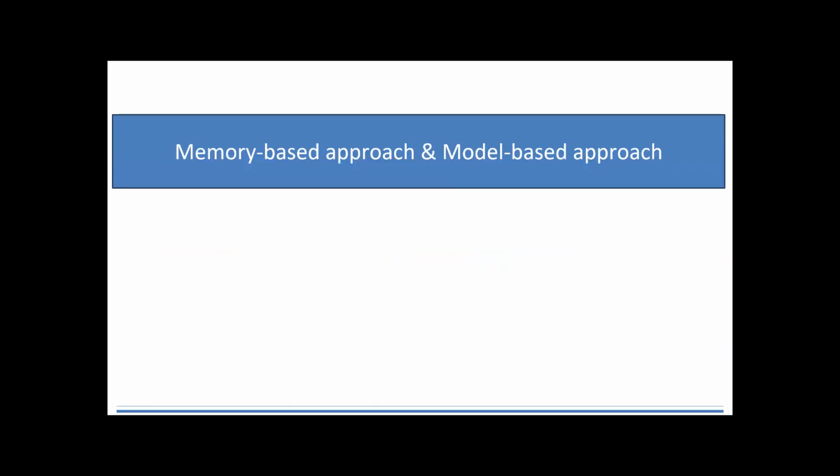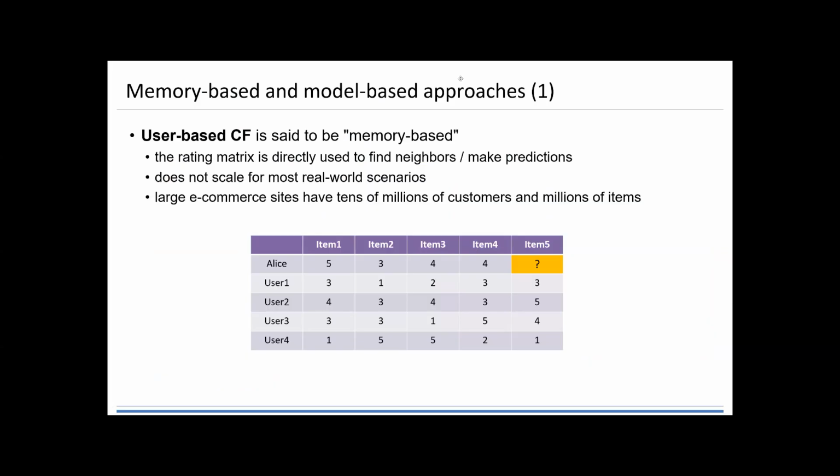At first, I would like to explain the two kinds of approaches, which are the memory-based approach and the model-based approach. The one that you already learned before is related to user-based CF. CF is collaborative filtering, and it is said to be memory-based.